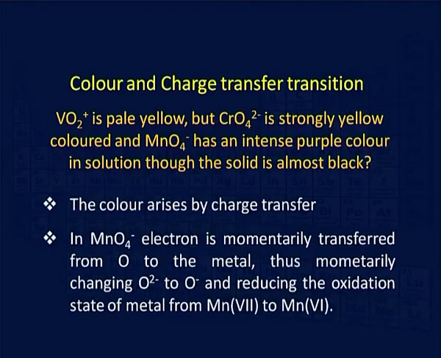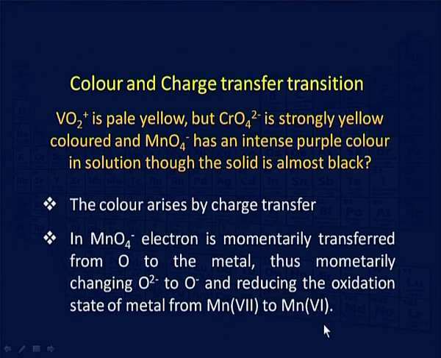To understand this, let us understand the charge transfer phenomenon. In all these three cases, what happens? There is a momentary transfer of charge from oxygen to the metal ion, and therefore, momentarily O2- changes to O-, reducing the metal from +7 oxidation state to +6 oxidation state.